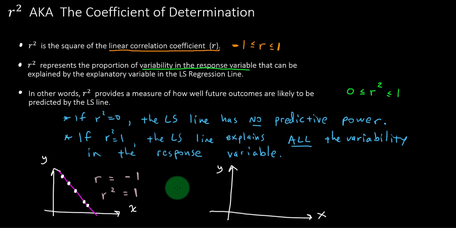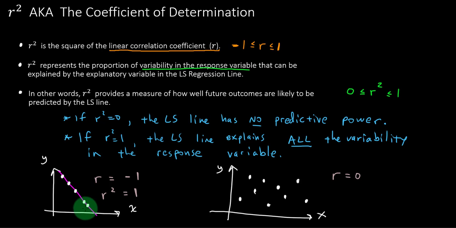Let's look at another scenario. On the right here, what I've tried to illustrate is a scatter plot in which the two variables have very little correlation. So R near 0. Because the variability in the y values doesn't seem to change based on x, right? As opposed to the scatter plot on the left, you change x, y is coming down.